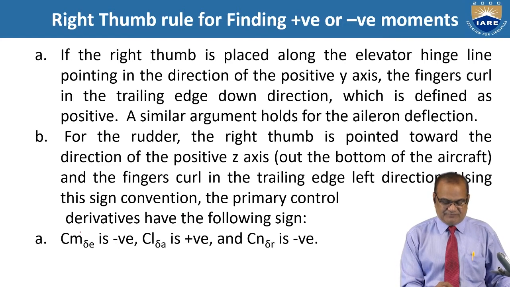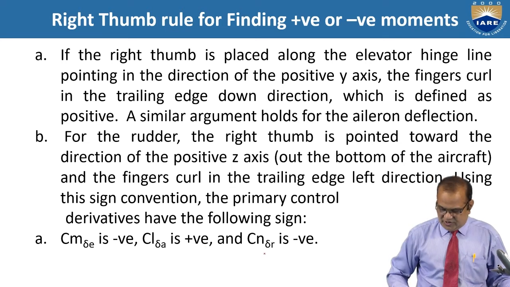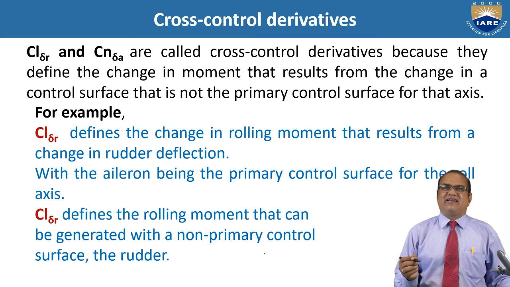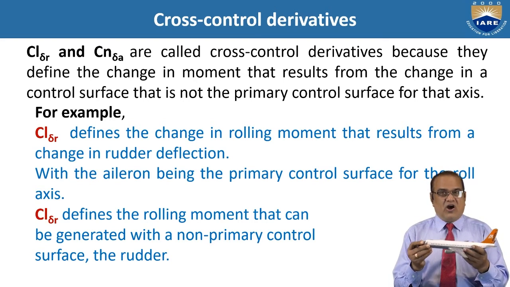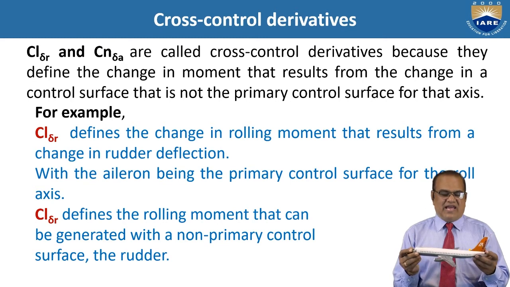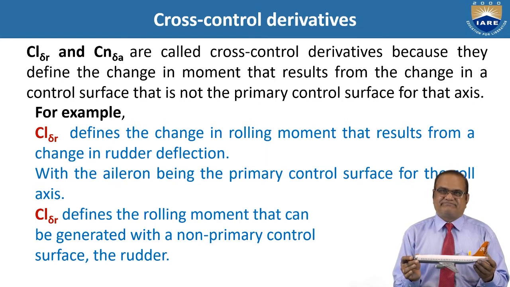Cm delta E is negative, CL delta A is positive, and Cn delta R is negative. Okay, so this we have to understand. And here CL delta R and Cn delta R, I have just explained how these things are happening and how we are going to handle them.